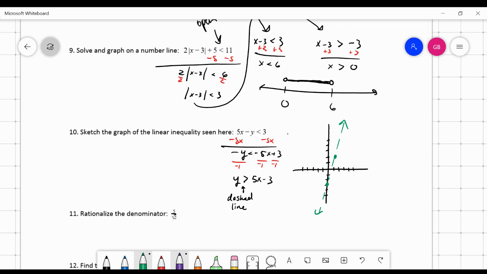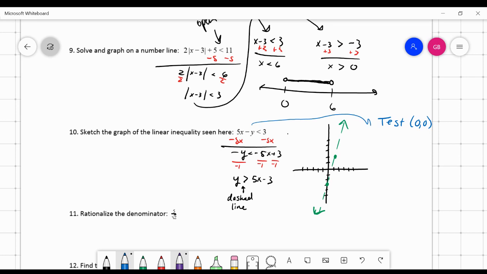Now you have to shade one side of the line. So what I'm going to do is I'm going to test 0, 0. I'm going to plug in 0, 0 into the inequality. And if it's true, then I shade on that side. If it's false, I shade on the other side.